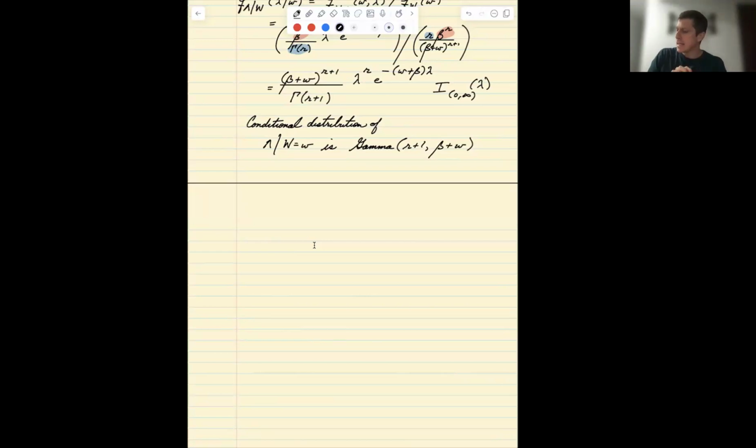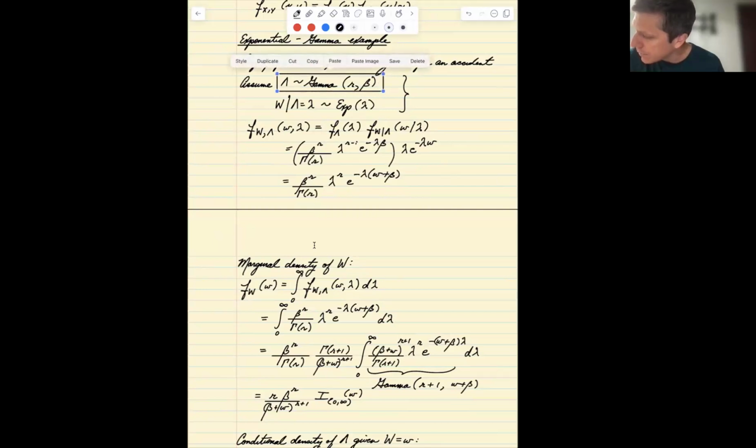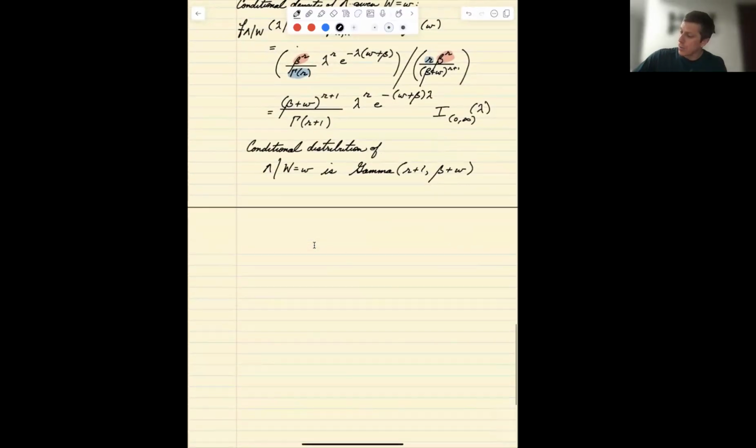So that's an interesting update, and this is a very common setup, what's called a conjugate family in Bayesian statistics. We specify this parameter here, and this is called a prior. And given the parameter, we define the distribution of the random variable of interest as a conditional distribution given the random variable lambda, and this is called the posterior.